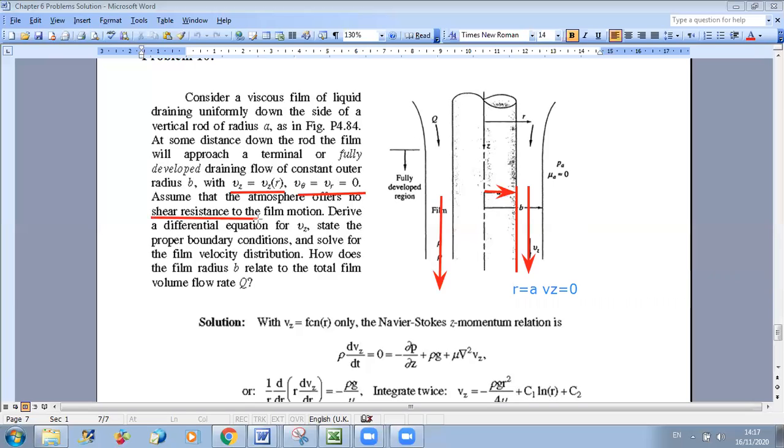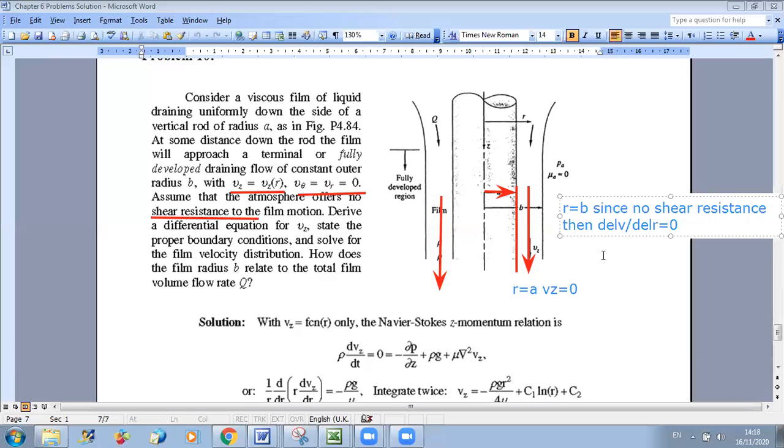Maximum velocity there, since we talk about the gradient of velocity, del V. So what can we say at R equal B, since there is no shear resistance, then del V by del Z, not by del Z, by del R, because here the variation of V is with R, not with Z. Del V by del R is equal to 0 at R equal B. So these are the boundary conditions we will use.